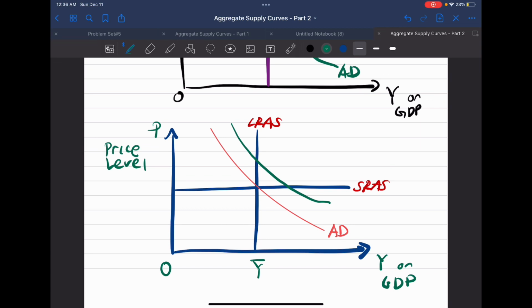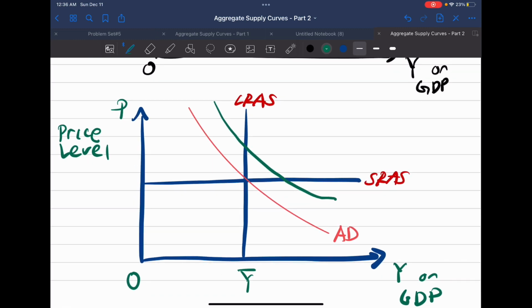Maybe, for whatever possible reason, for example, the government conducts expansionary fiscal policy, or the government increases the money supply, which is a form of easy monetary policy. So whatever the reason, there is an increase in aggregate demand from AD0 to AD1. So that shifts the AD curve rightwards.